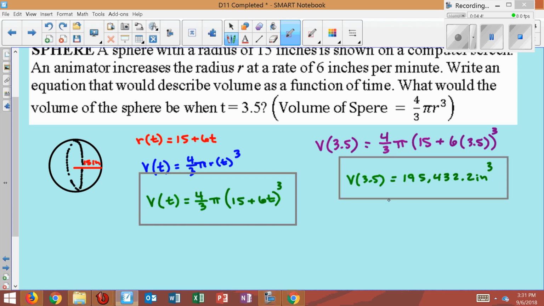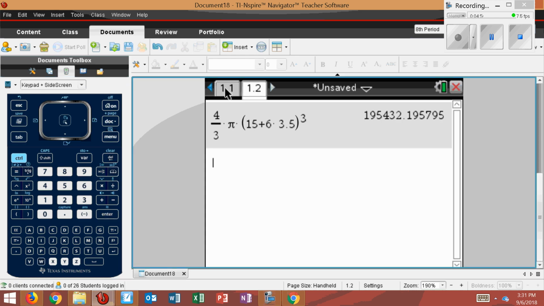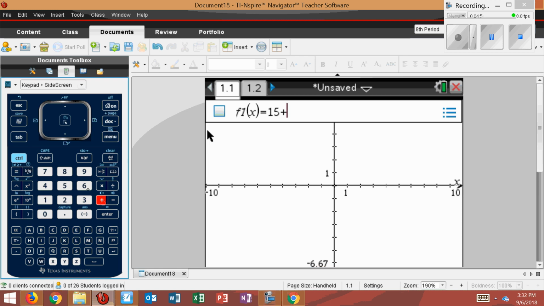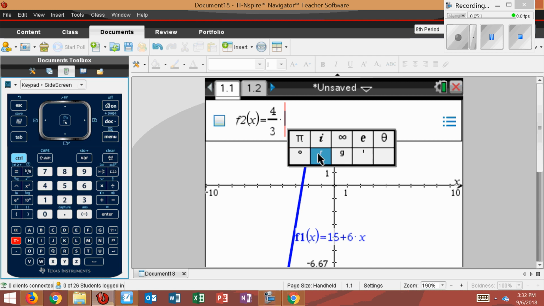Now, if you wanted the calculator to give that to you from the graph, here's what I was going to show you. You come back over here, and what you could do is do the radius. So the radius is the equation 15 plus 6, and I have to use x, I accidentally hit t. There it is. Okay, and then our second equation is the volume equation, which was 4/3 pi r cubed.